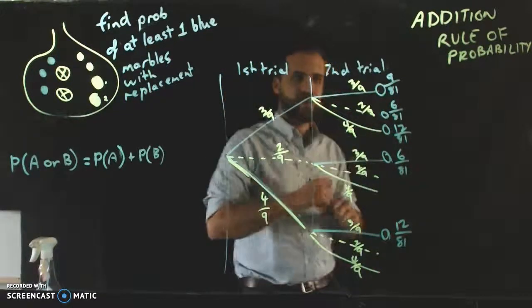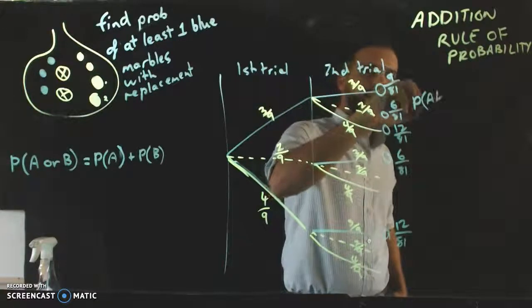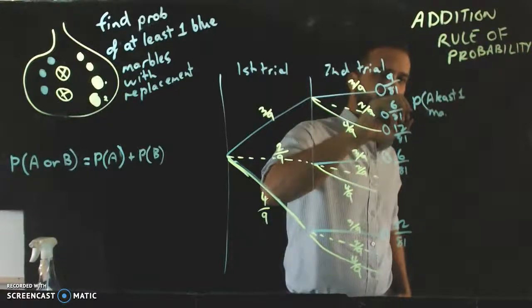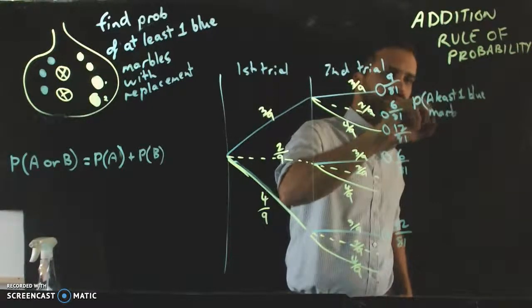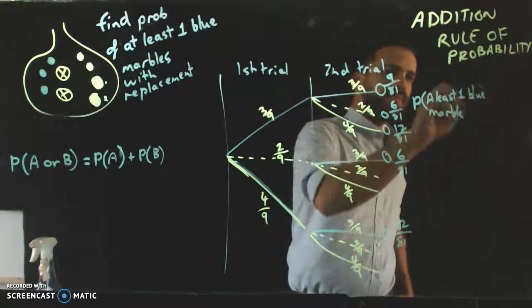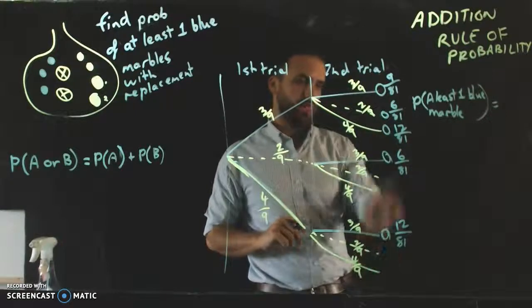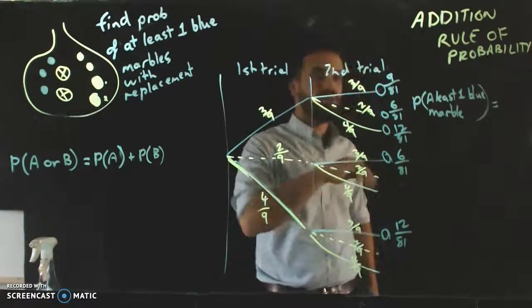Very simple. So the probability of at least one blue marble is equal to the sum of those. Okay. Now I'm going to do something that you guys would never do.